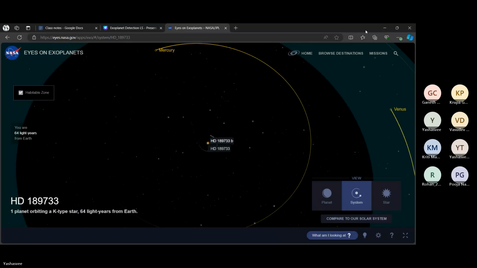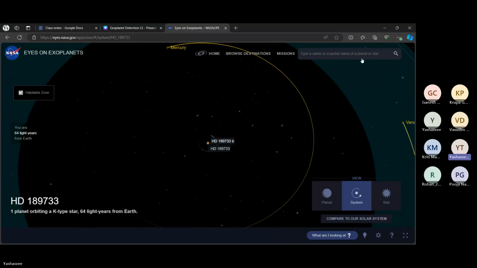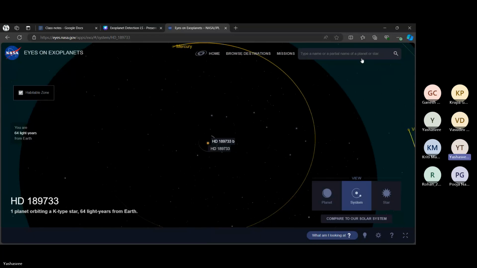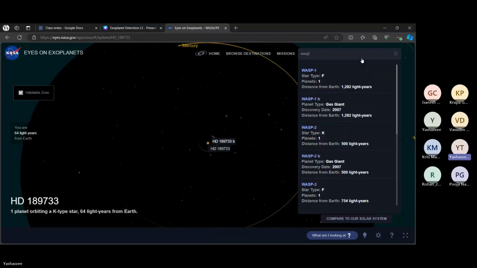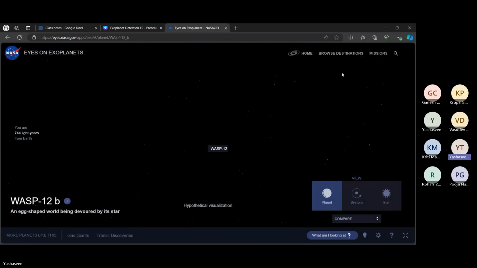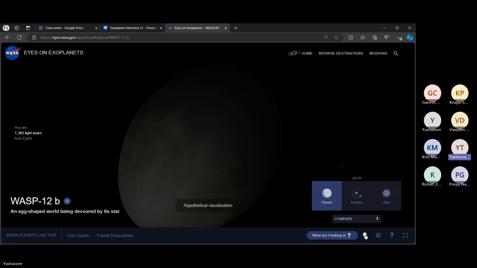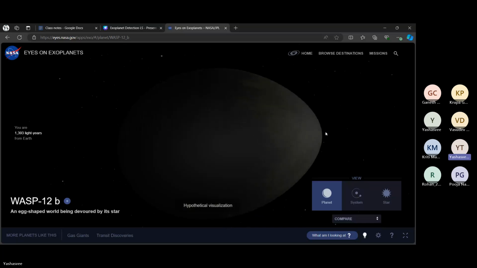So, the next planet which we saw was WASP-12b. We can see its egg shape here.